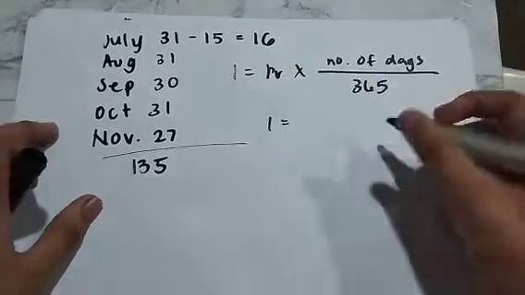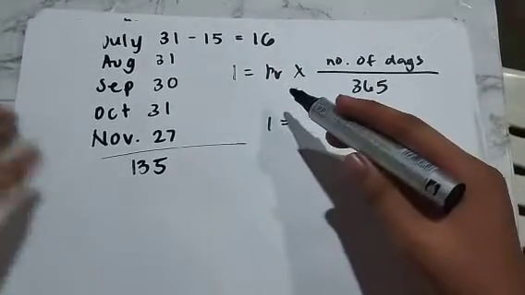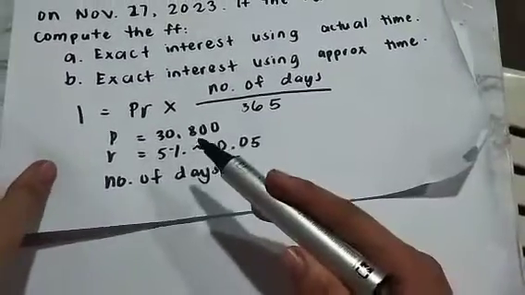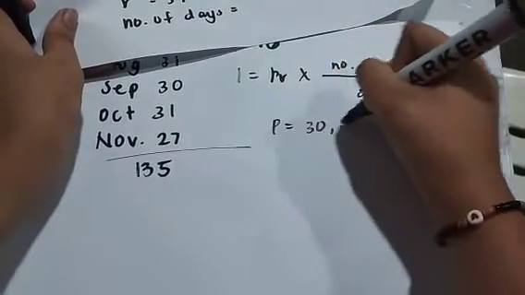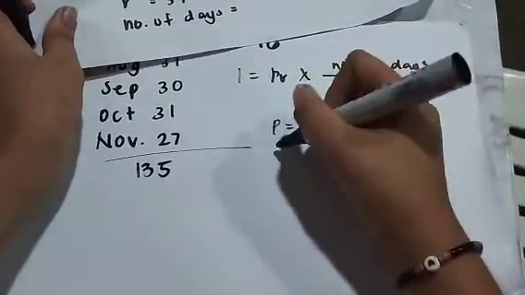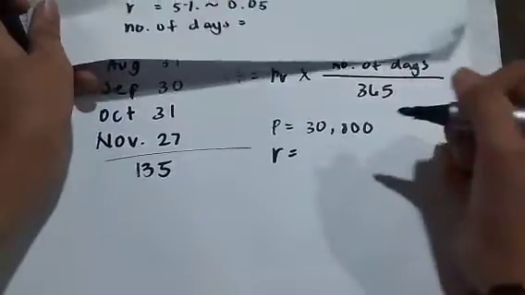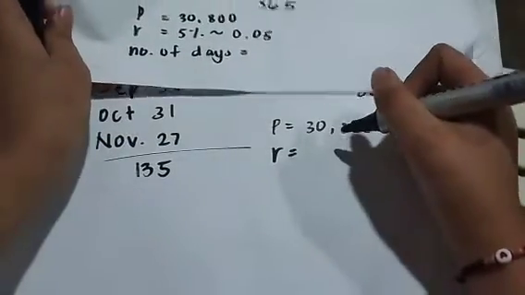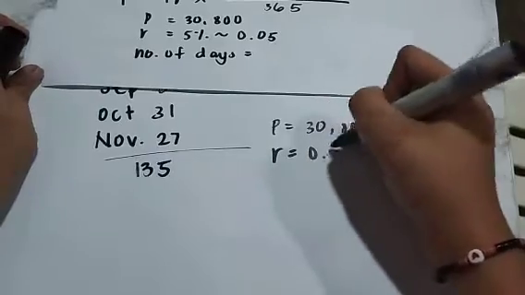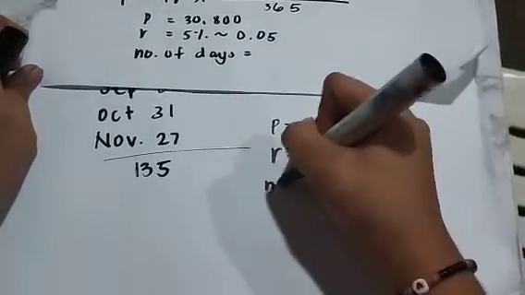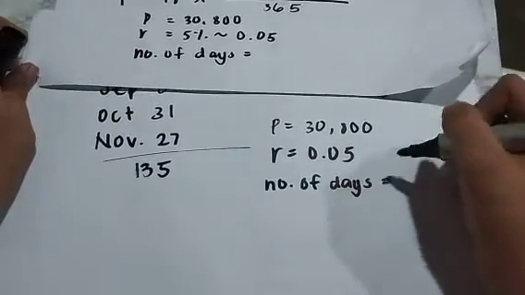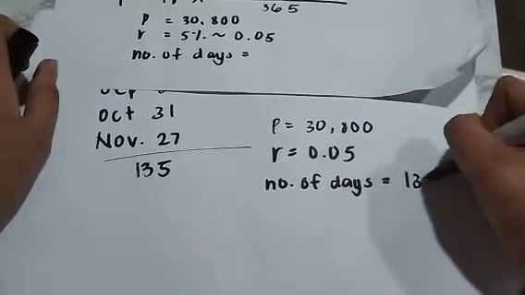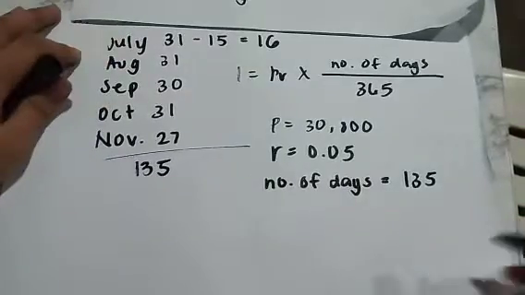Substitute. Yung principal value natin ay 30,800. Yung rate natin, 0.05. Number of days natin, is 135.